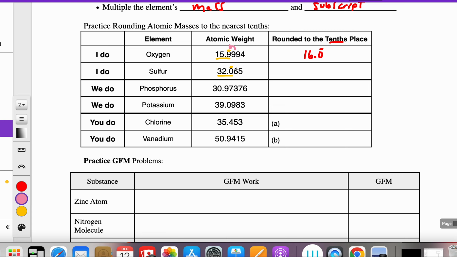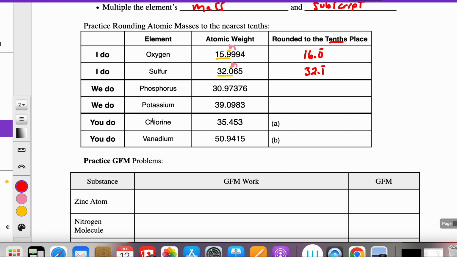Does it make the digit in the tenths round up? Yes, it does, because 6 is greater than 5. So we would record and use sulfur's mass as 32.1. Our most right digit is in the tenths position.